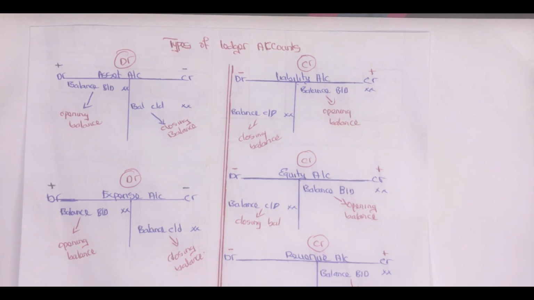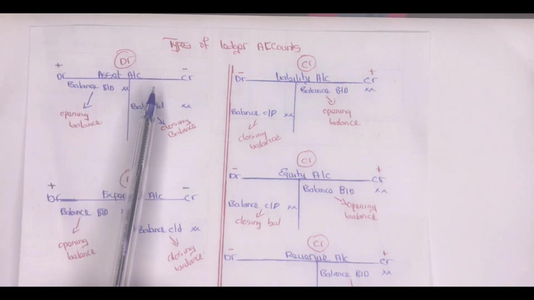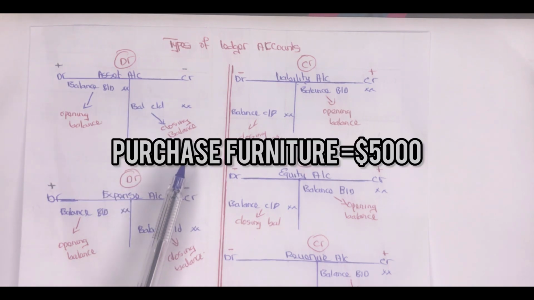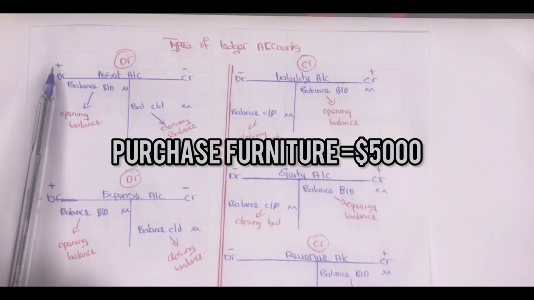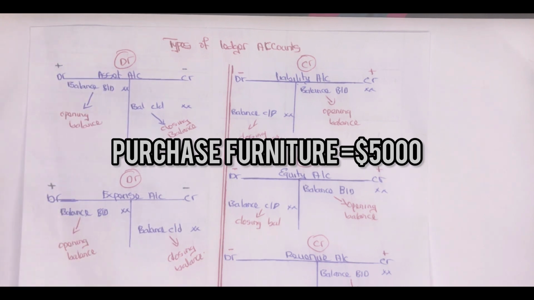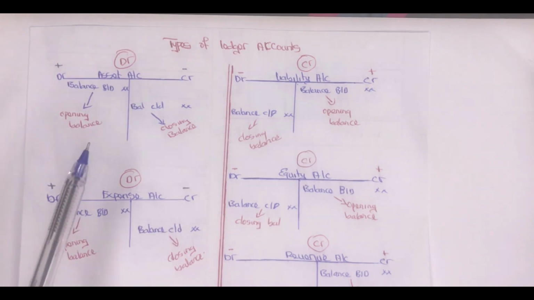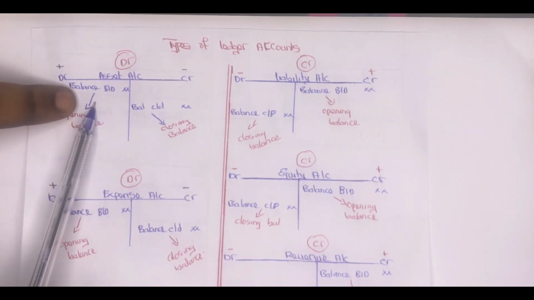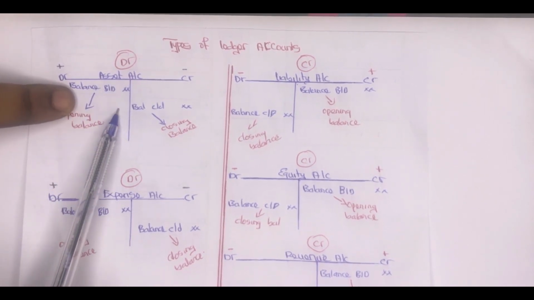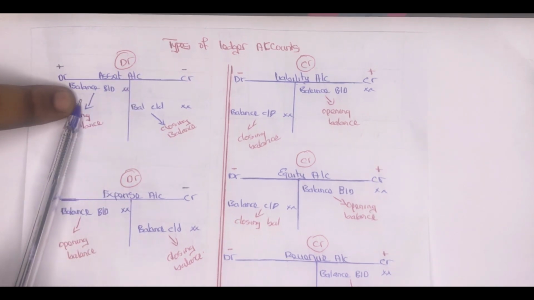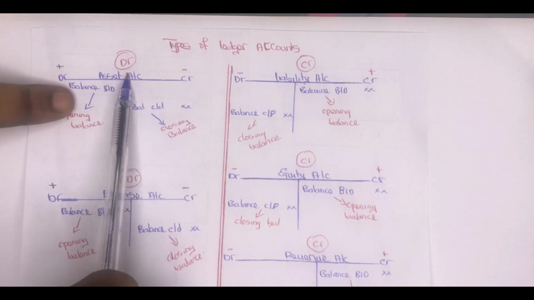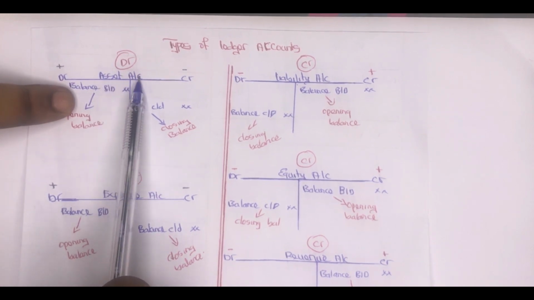For instance, say we bought furniture for $5,000. The debit increases the asset account. So we are going to debit the furniture here, and the furniture account will be recorded here as furniture.